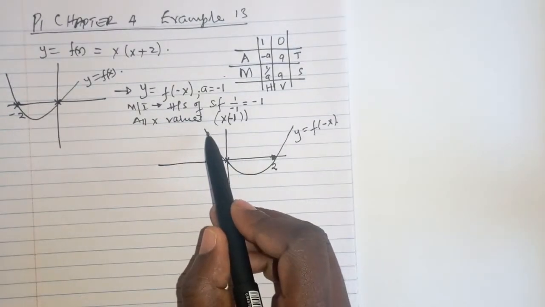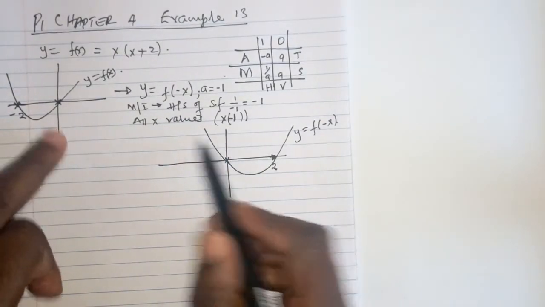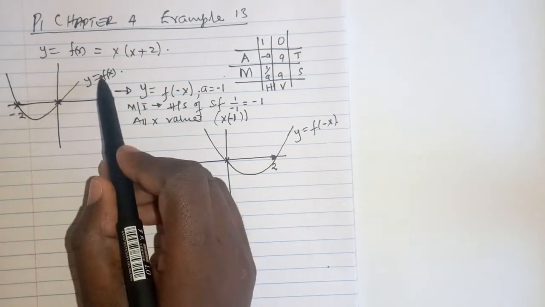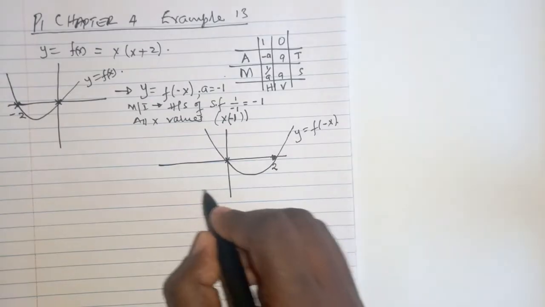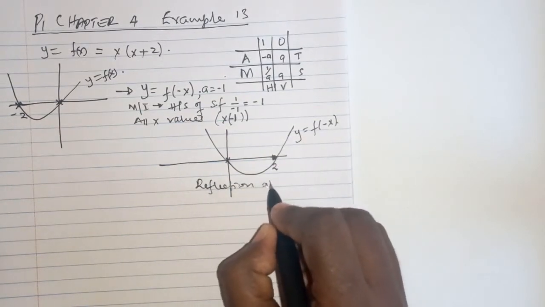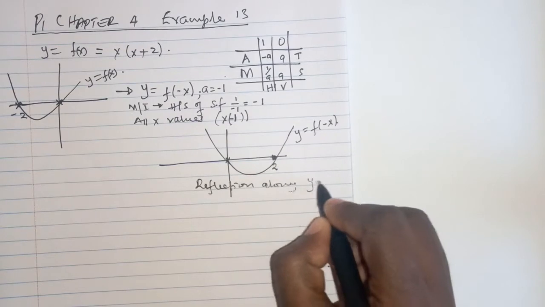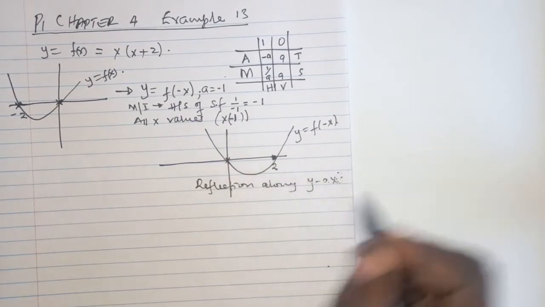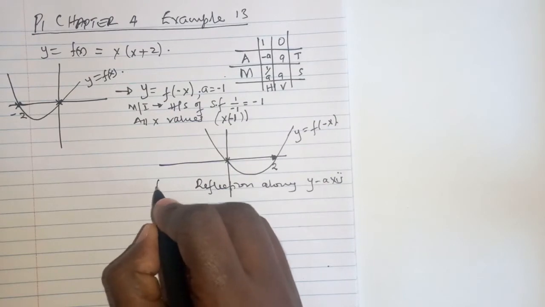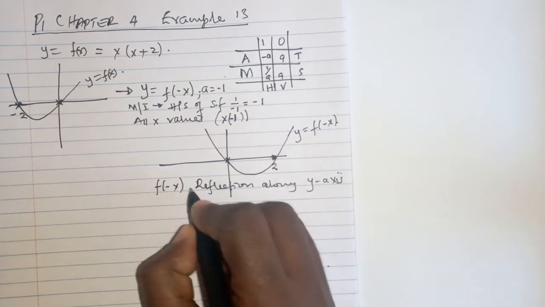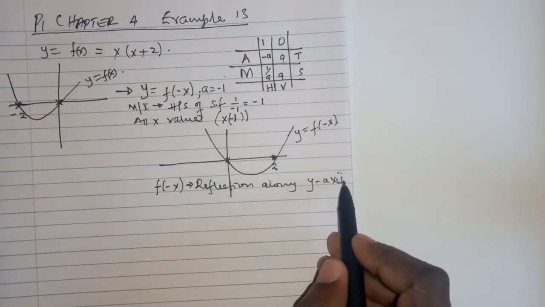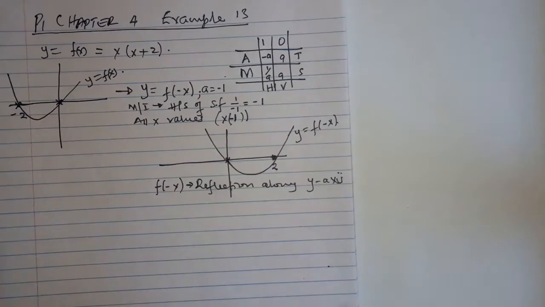So this part now gets here, and this part gets to this other part. So f(minus x) is a reflection of the original function along the y-axis.